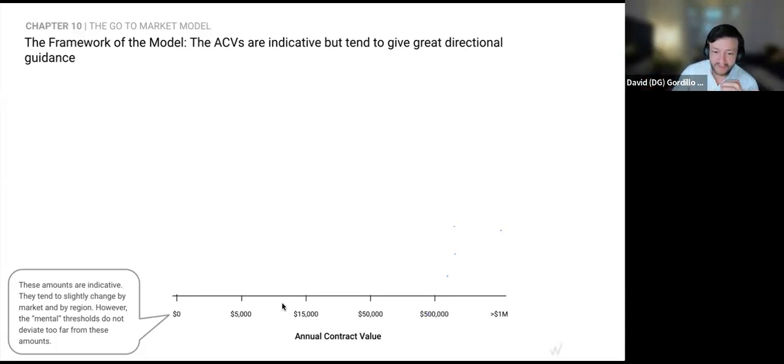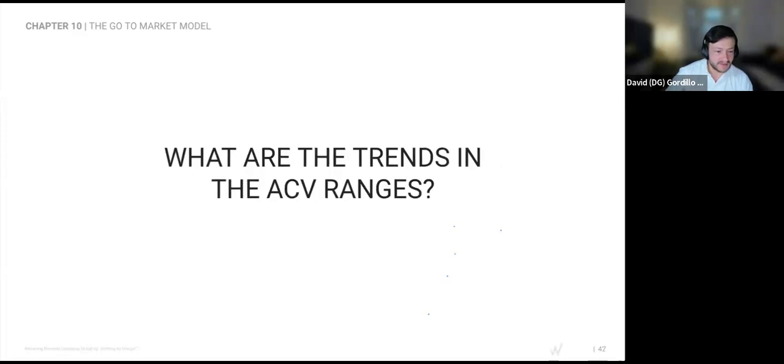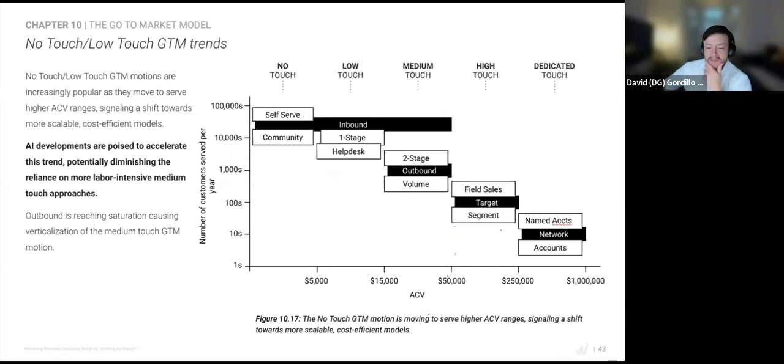Given that it's a mental threshold, these can be influenced by macro and microeconomic circumstances. And obviously, as probably everyone in this call can very much remember what happened in the last few years, we had a global pandemic, and that changed a lot of things in our industry. In particular, for the lower range of ACVs, two things happened.